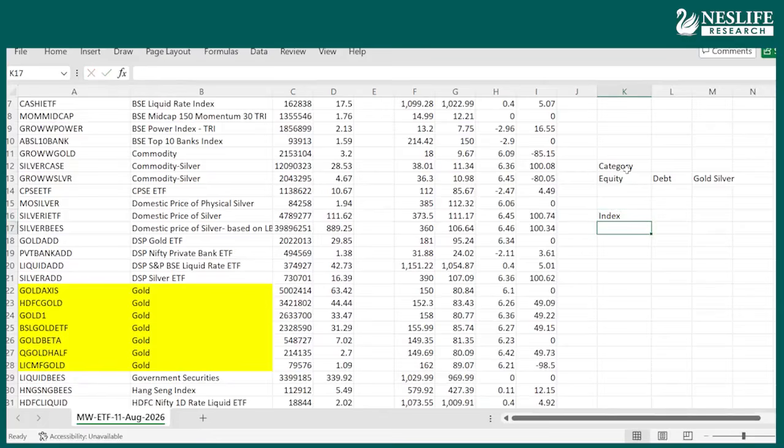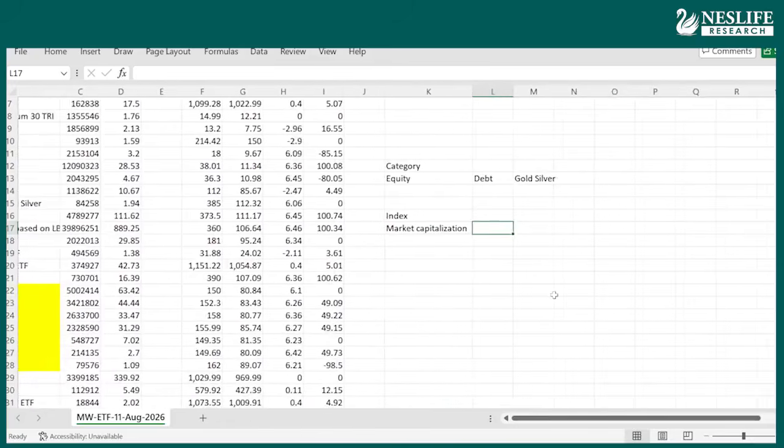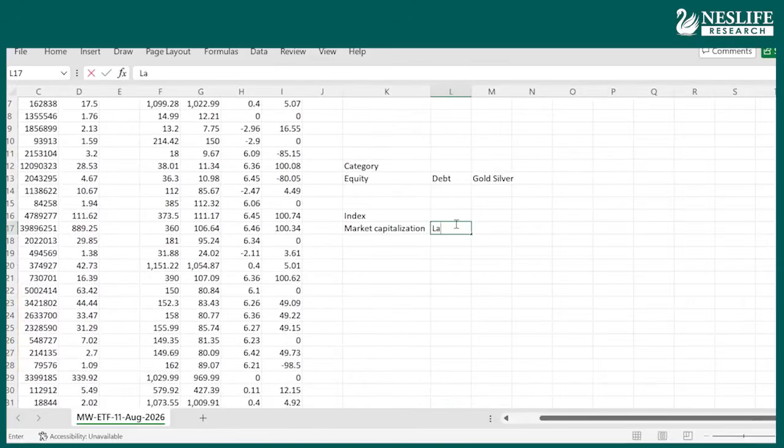What are the indices? One format is based on market capitalization. Market capitalization is the market value of a company, that is, number of shares multiplied by price. Under market capitalization, you have large cap, in which Nifty 50 and Next 50, then mid cap, and then small cap.